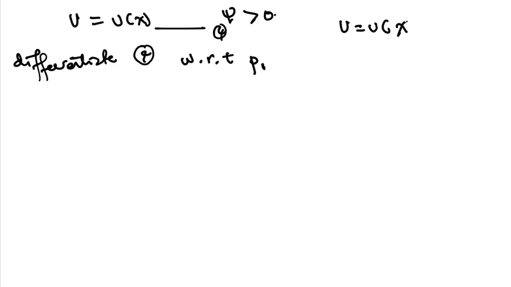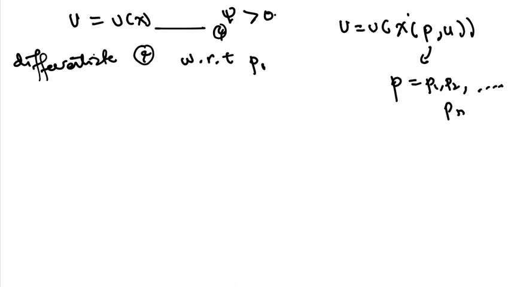When x is at the optimal level, then it is a function of parameter prices and utility. Because this is the x that we want to find when we are at the optimal level of the minimizing problem. So you can see vector price here. Like I said to you, vector price here consists of P1, P2, until Pn. So of course, you can differentiate this utility function with respect to P1. You get what I mean here?